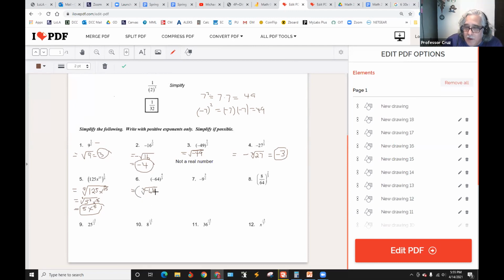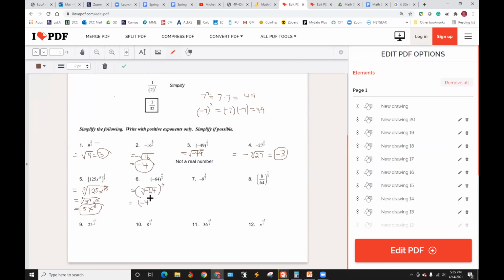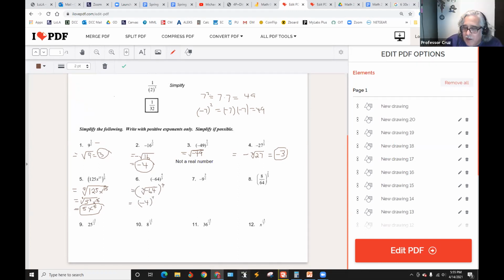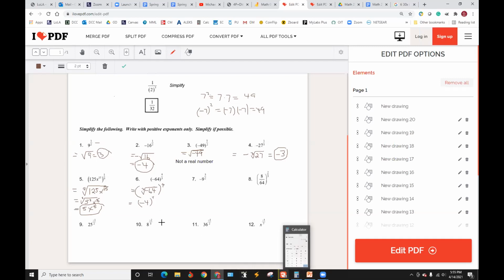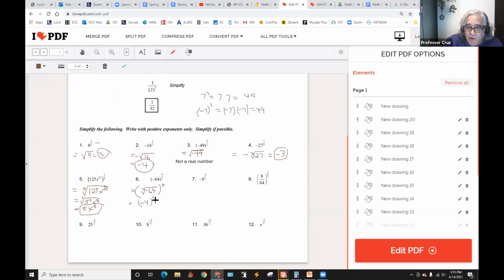So we can go ahead on this one because I think we even talked about it last time. The cube root of negative 64 is negative 4. And then when we take negative 4 and raise it to the 4th power, it's not negative because you got an even number right there.